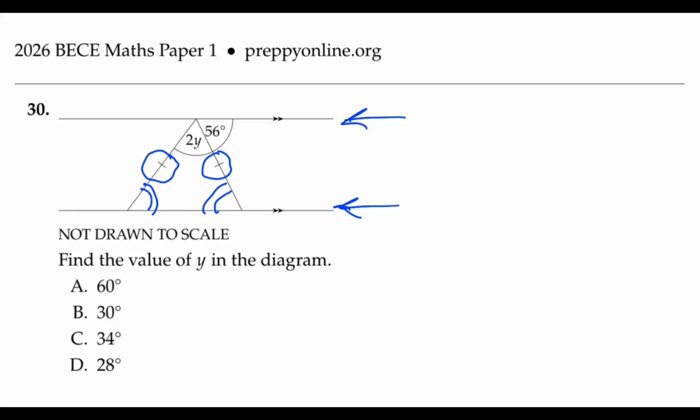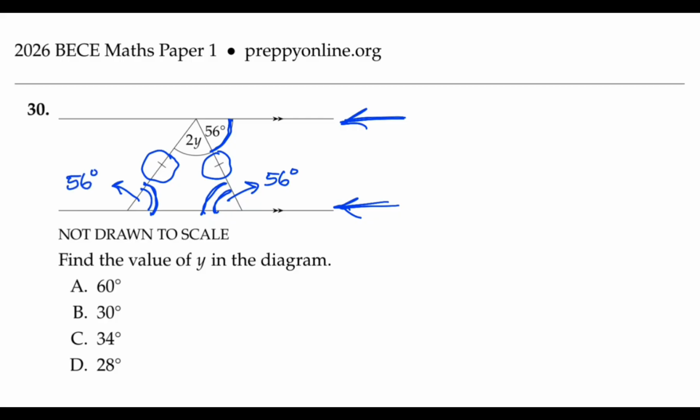And then we also have to notice, because these two lines are parallel to each other, this angle, 56 degrees, is equal to this angle. So we can write 56 degrees here. This angle is 56 degrees. And because it's equal, this angle is also 56 degrees.